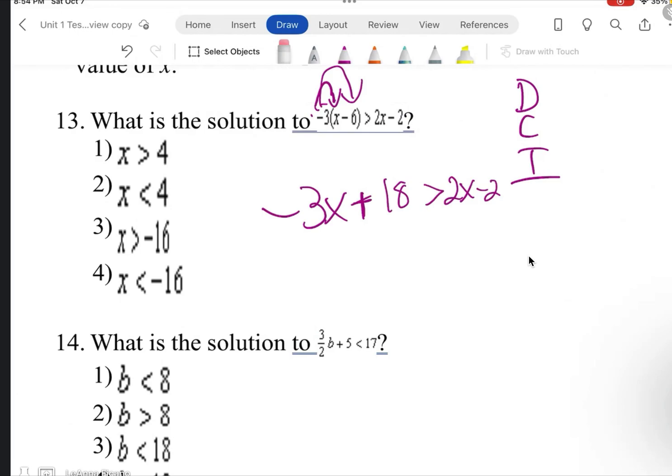Okay, so we're going to solve this just like we would solve an equation. The first thing I want to move is my variables. I want to isolate my variables: variables on one side, constants on the other. I'm going to move this negative 3x because it is smaller than 2x.